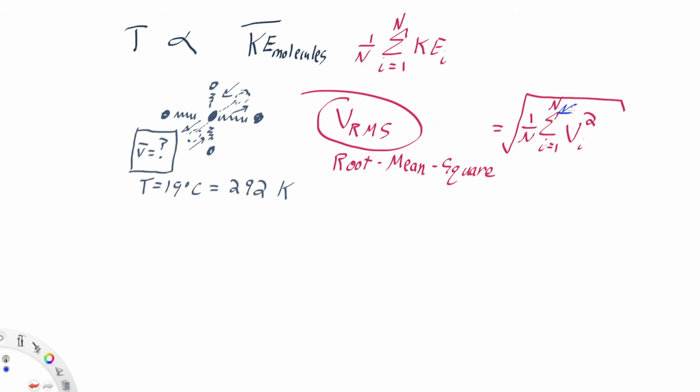In the context of this discussion, that means start at the first atom, keep adding up the velocities until you've gotten through all the atoms. So the i equals 1 and the n is just a way of keeping track of which atom you're on.